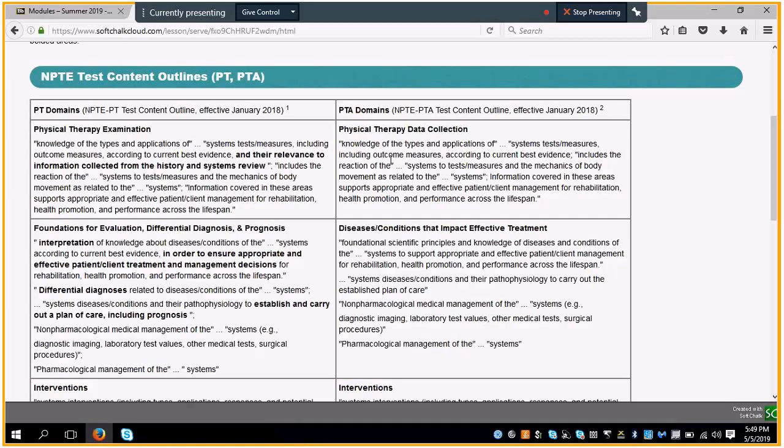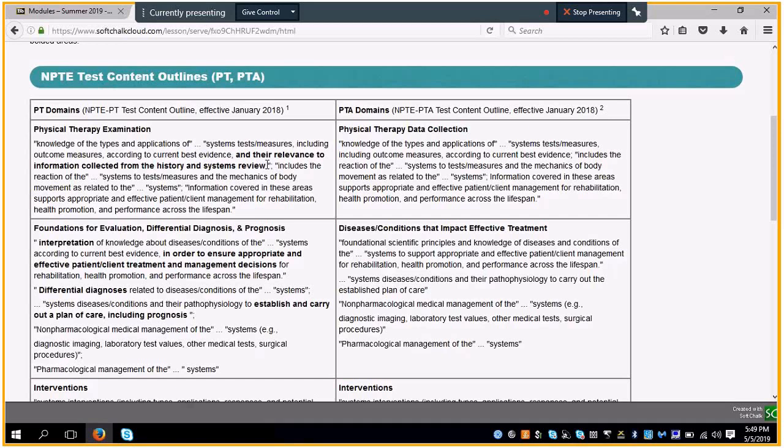Sure, there are definitely times where you need to give input into that and make suggestions, but now, as the evaluating physical therapist, you'll be beginning with just the consult and needing to take the initial history and perform an initial systems review to then determine what tests and measures are most appropriate for this patient or client.